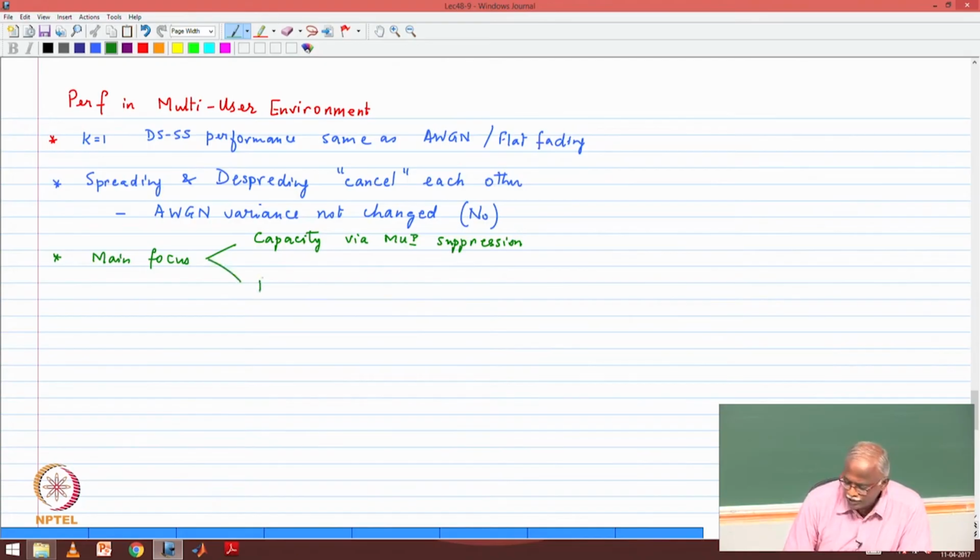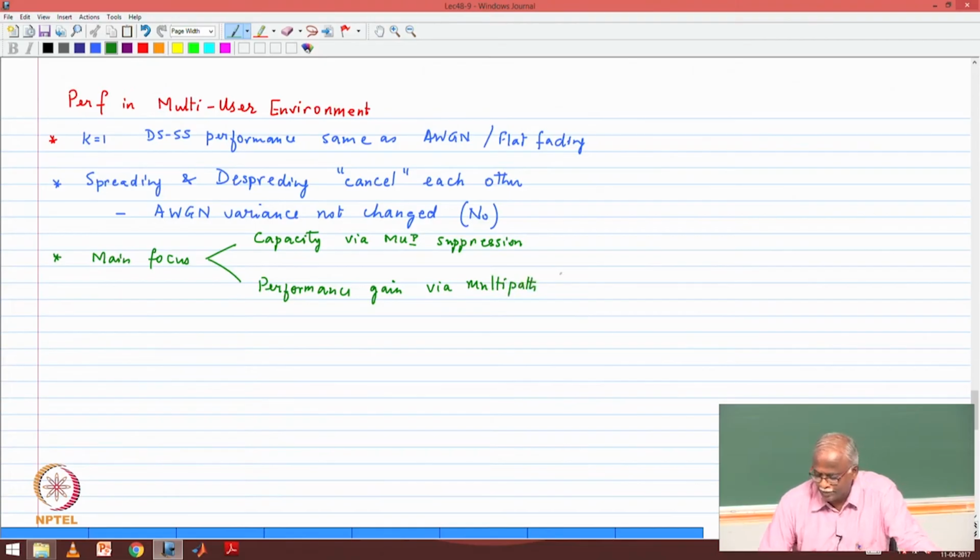And of course, there is a performance gain if I have dispersive channels, because of multipath resolution. Okay, so that is why we are interested in direct sequence spread spectrum, because it gives you multipath resolution and the rake receiver will combine it, giving you a form of diversity. So, the combination is that I have spreading, which will help me work with multi-user interference. Because it is a spread spectrum wideband signal, I get the benefits of diversity.